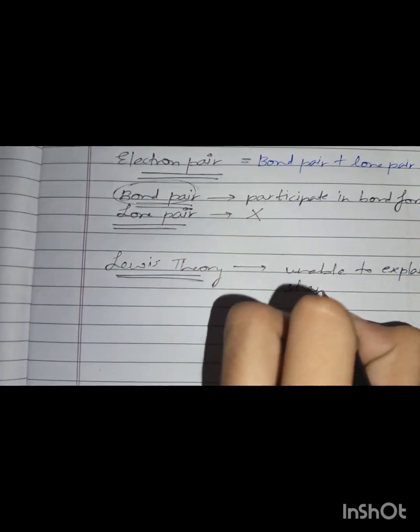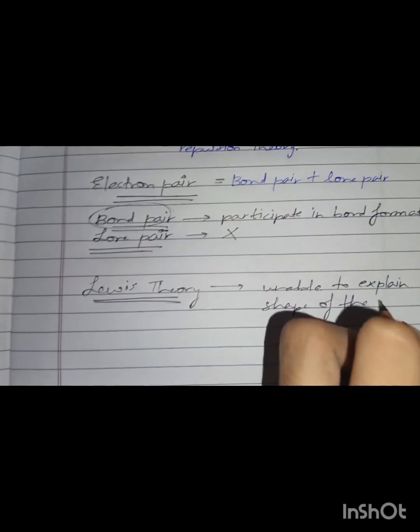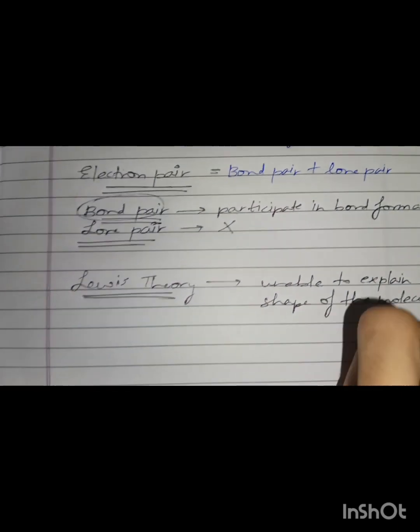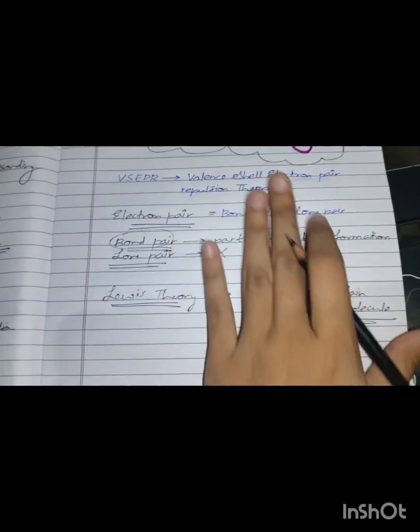And if we don't know the shape of the molecule, how does it work? So for this, VSEPR theory comes, which explains the shape of the molecule. Basically it gives the basic idea about the shape of the molecule, right?